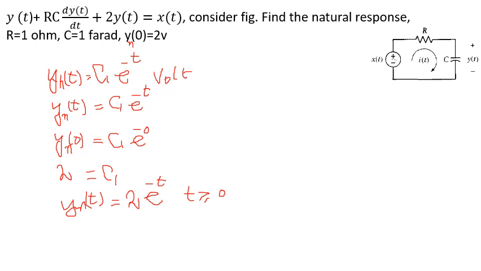Let's take another example using discrete time systems. So let's say we have y of n minus 1 by 4 y of n minus 1, an example we have already considered while doing the particular and homogeneous solution, and again when doing the complete solution.